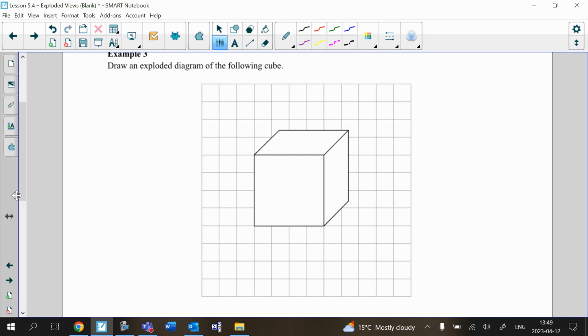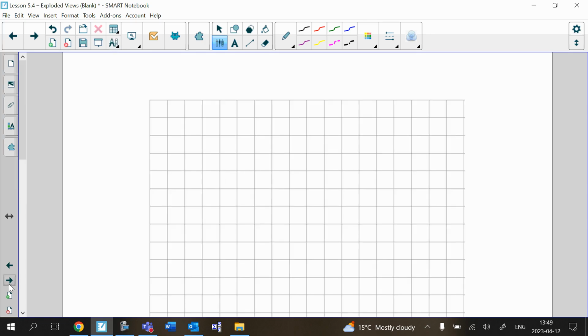Start with the front one. So we just need to draw a 4 by 4. There's the front.